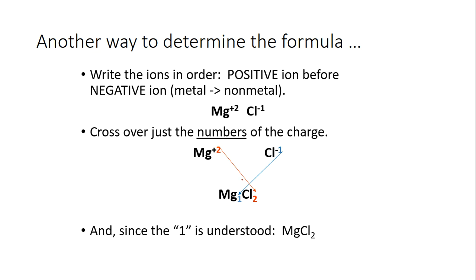Since 1 is understood, magnesium is 1 and chlorine's 2. The other thing you have to remember is to reduce to the lowest number. So if this was 2 and 4, you would have to go down to 1 and 2. You have to reduce to the lowest number.